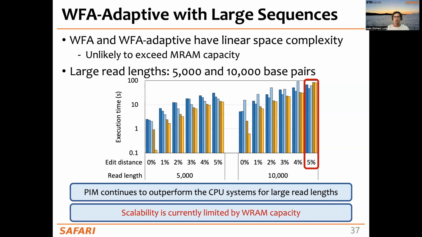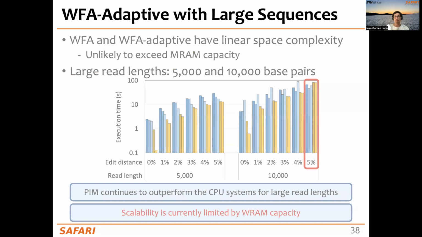Now the reads are so long, and because the edit distance threshold is also high, we have to keep more wavefront components. And in the end, this is going to be limited by the WRAM capacity. So that's one reason why we don't see further scaling.